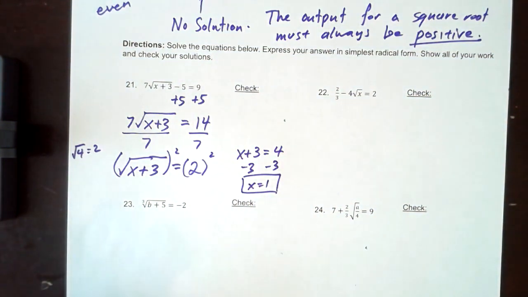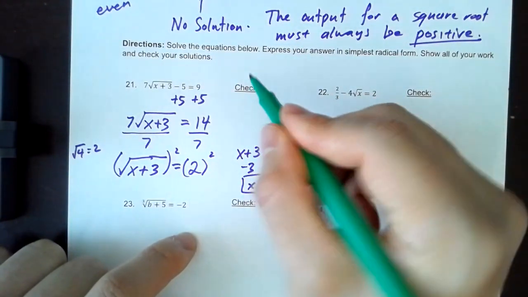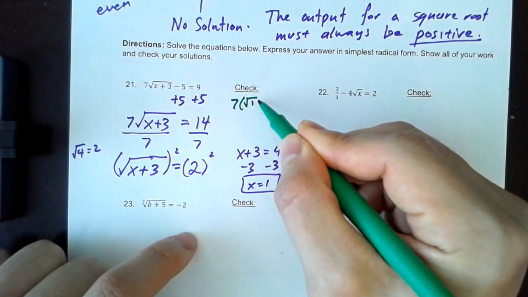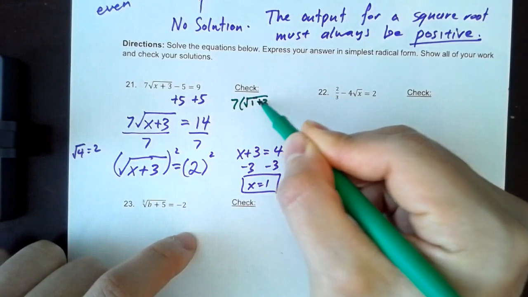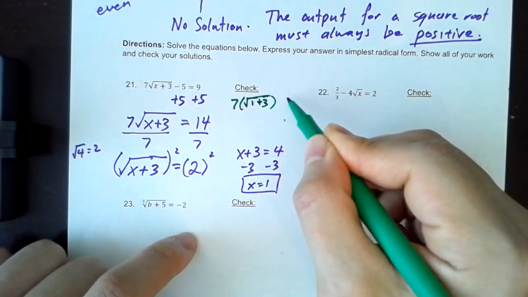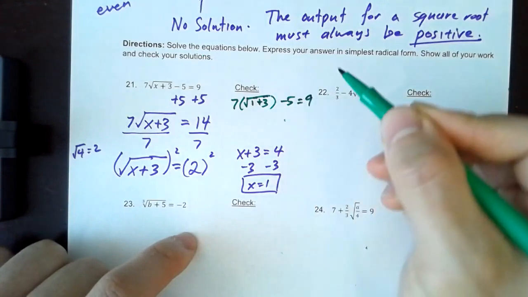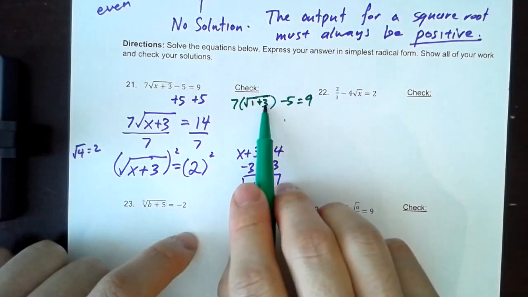Okay. I'm going to check maybe 2 problems, but in the interest of time, I'm not going to check all of them. But checking just means to plug back in. So 7 times the square root of 1 plus 3, which would equal the square root of 4, minus 5 is equal to 9. The square root of 4 is 2.